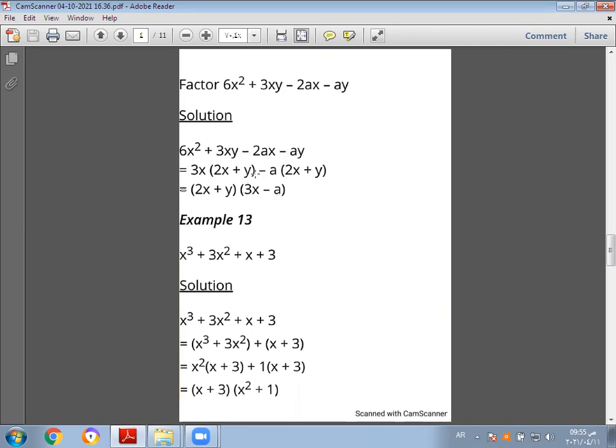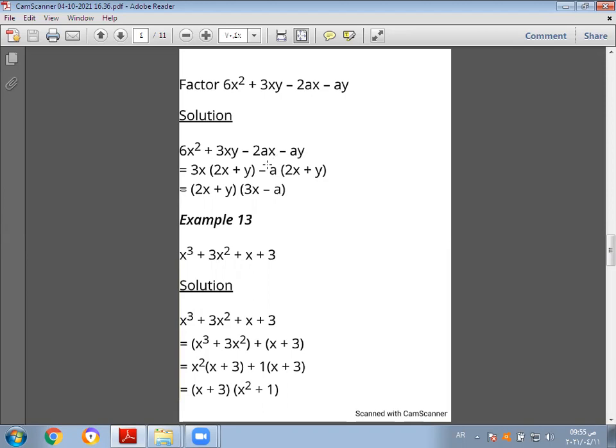In the other terms, we take negative a as HCF. Here and here, we take negative. There is a and a, we take a. And open a bracket to take the remainder. −2ax divided by −a: negative with negative is positive, 2 divided by 1 equals 2, a with a is gone, the remainder will be x.